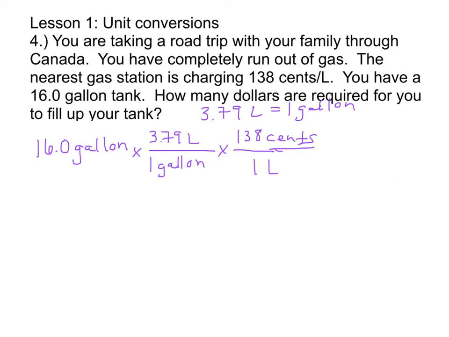So now liters cancel out, gallons cancel out. Now we're in money. So now we're in cents. So now we just need to convert to dollars. And we all know that there are 100 cents, we're talking about US currency here, in $1. Okay, so now our gallons cancel out, our liters cancel out, cents cancel out.